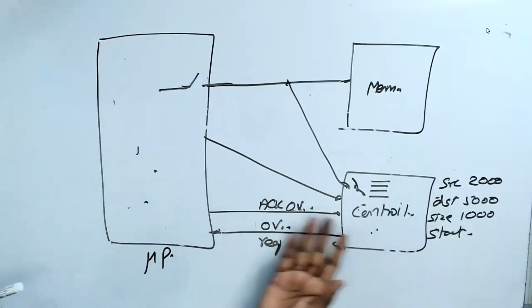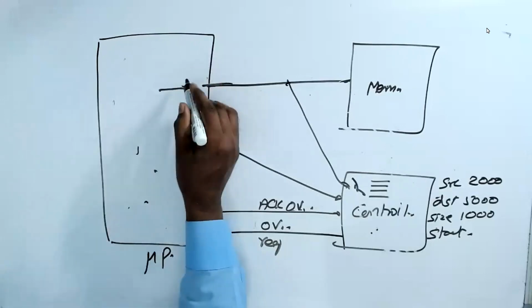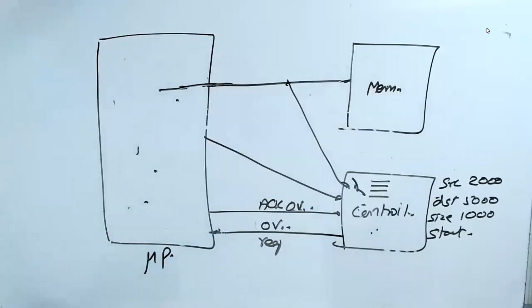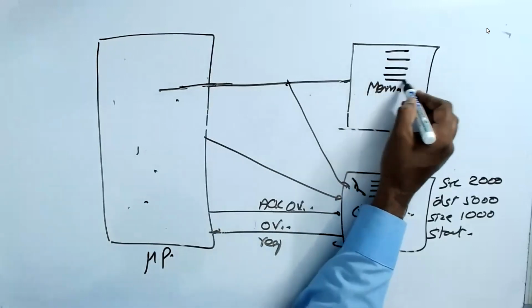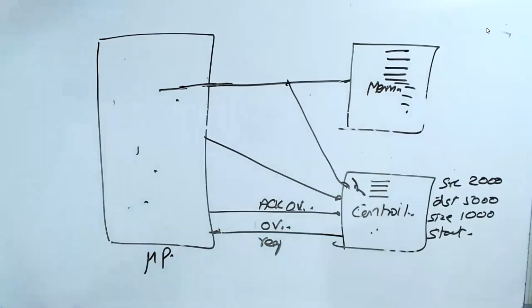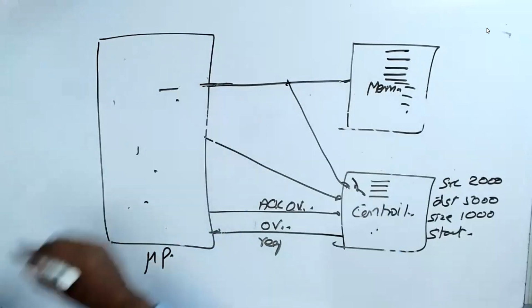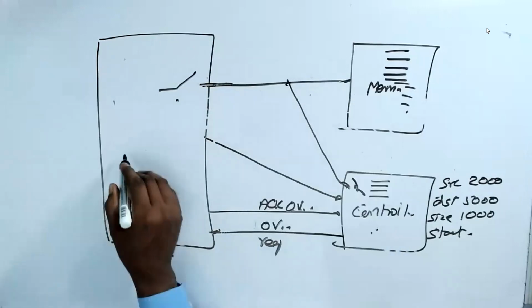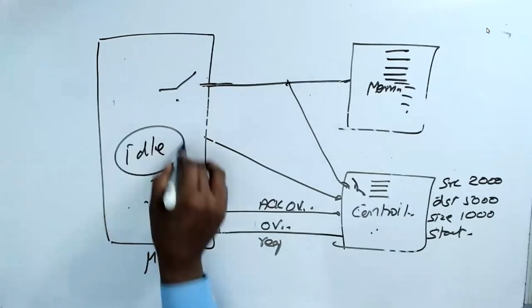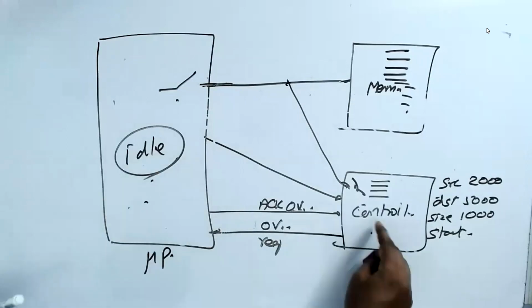Then the microprocessor is put on and will continue. But understand one thing: all your instructions are in the memory. Now, when this guy is off, the microprocessor cannot get even the instruction. So he is in idle mode. He will not execute anything when the DMA controller is doing the activity.